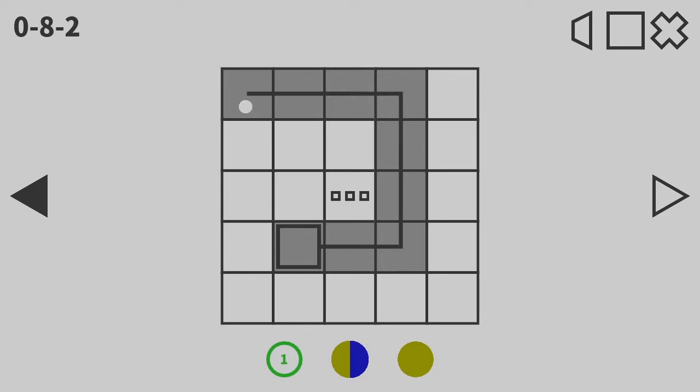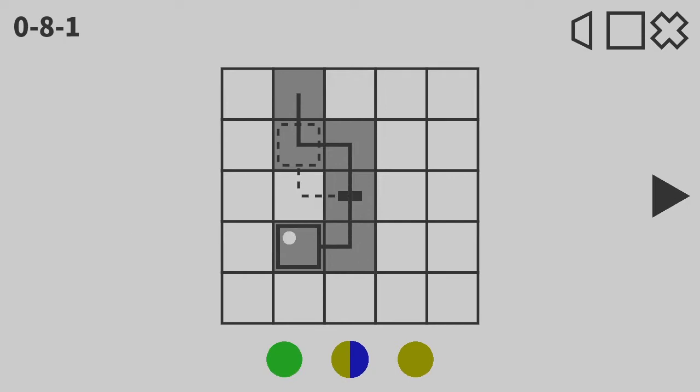1, 2, 3, 1, 2, 3, 1, 2, 3. 1, 2, 3. 1, 2, 3, 1, 2, 3. 1, 2, 1, 2, 1, 2. There must always be two in a row.